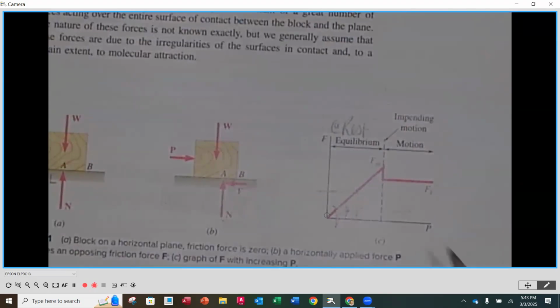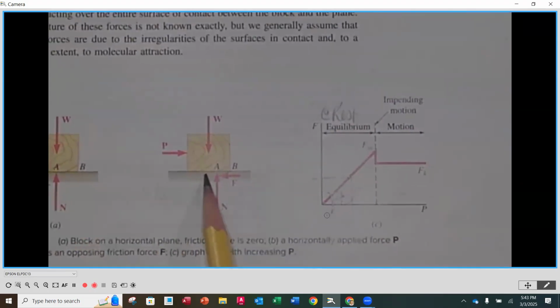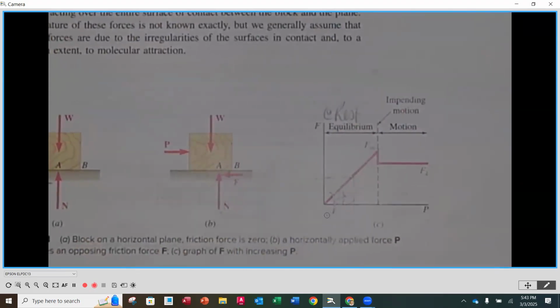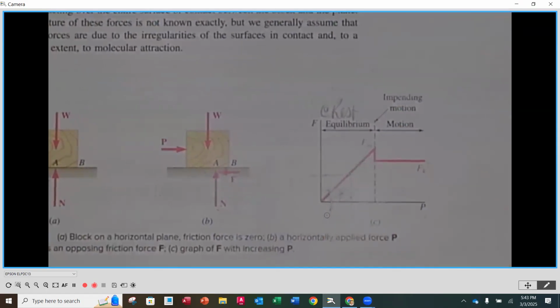So to say equilibrium is a little misleading because you can have two different conditions of equilibrium. On the left-hand side here, this is at rest. For instance, this block is in contact with a surface, let's say a carpet, and that block has some significant weight. If I try to push it, I push on it and it's not going to move. I push on it again, it's not going to move.